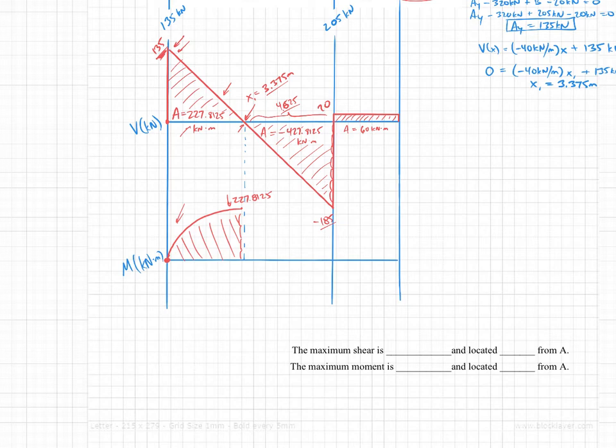So now I'm going to add this area, 427.8125, or rather subtract 427.8125 from that value, 227. If we start at 227 and use this as our change, we're going to go down to negative 200. So it looks like that's about as low as my plot got, using 50 kilonewton meters per box.